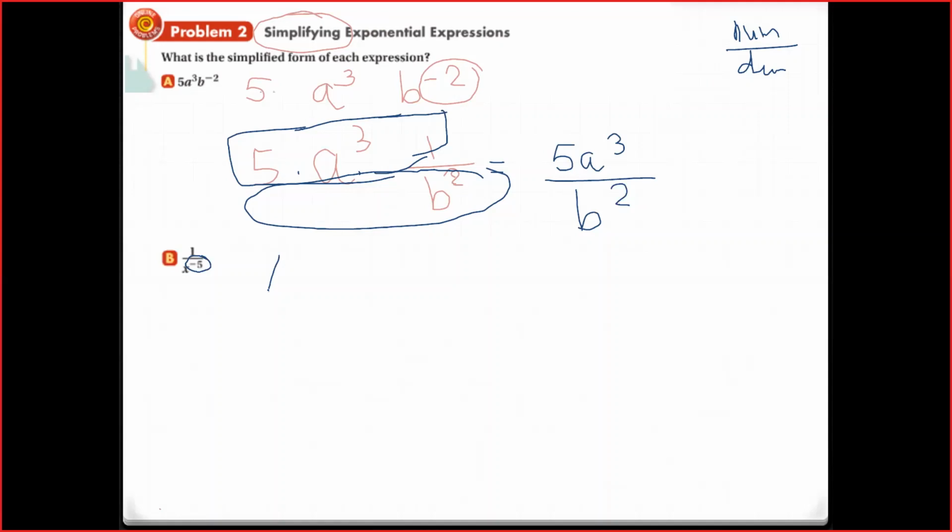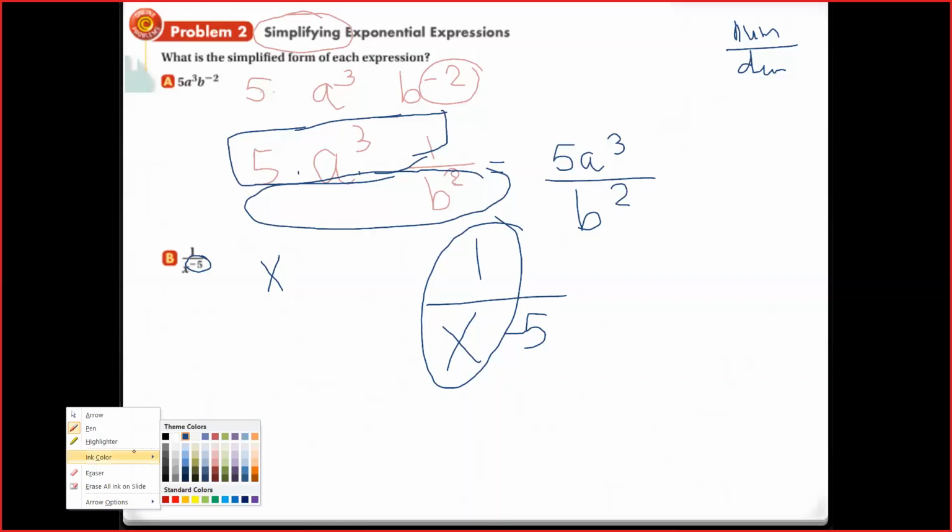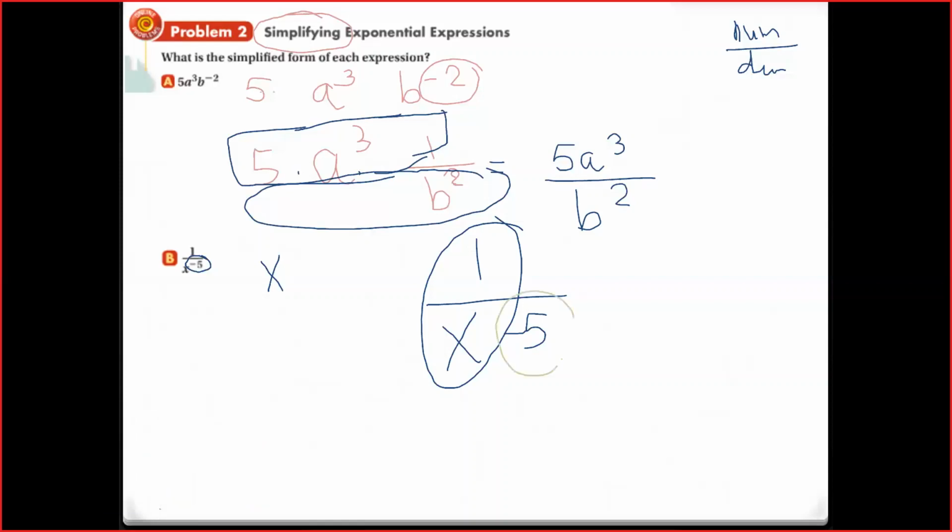What is the reciprocal of 1 over x? It will be x only. Girls, stop. What is the reciprocal of 1 over x? It is x. And what is the opposite of -5? +5. So this is going to be what now? The simplified form. Okay?